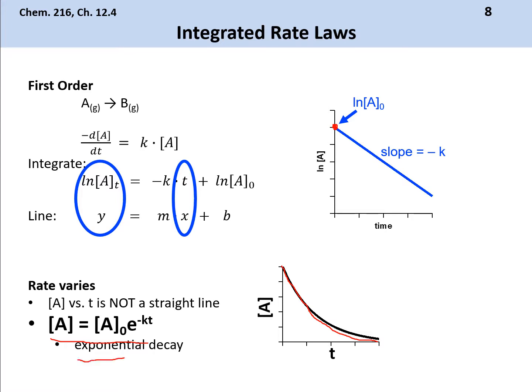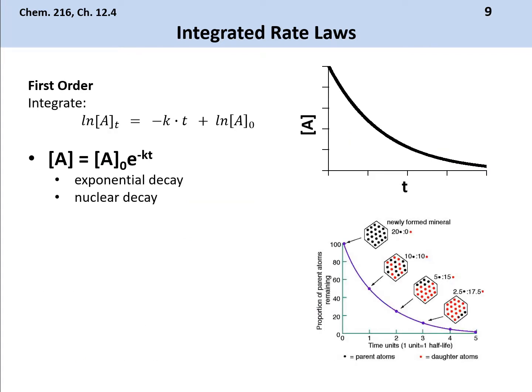This is called exponential decay. This is actually what we see in nuclear decay, and we also see this when we're talking about viruses decaying, etc. We get an exponential decay. We don't get a linear decay where it just goes straight, right? So notice how this never actually reaches 0. It'll just keep on going forever.